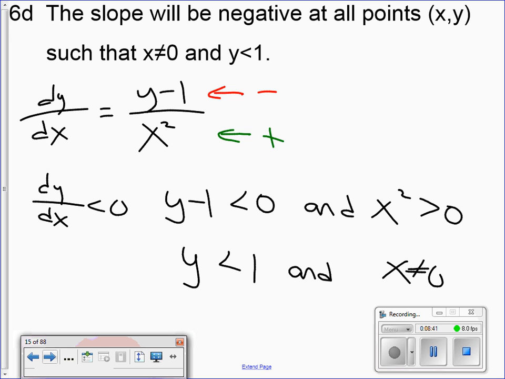And for x squared to be positive, I know you think anything squared is positive, but you have to remember the one number that if you square it won't be positive is 0. So x just can't be 0. The slope will be negative at any point x, y as long as the y coordinate is less than 1 and the x coordinate is not 0.